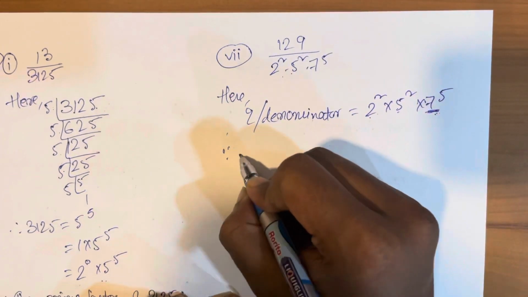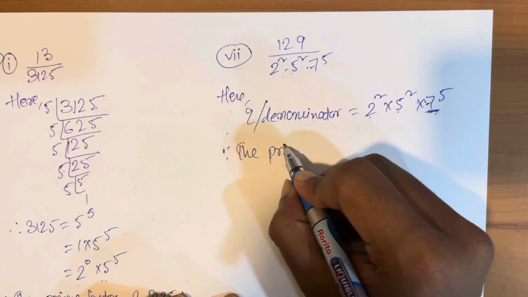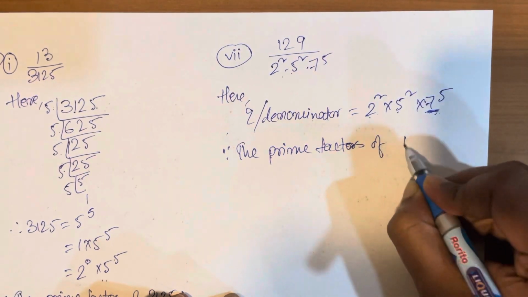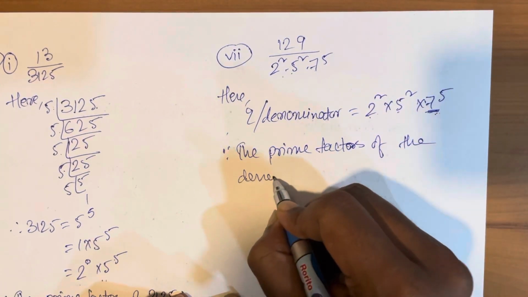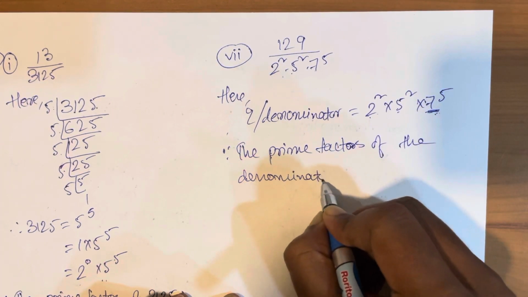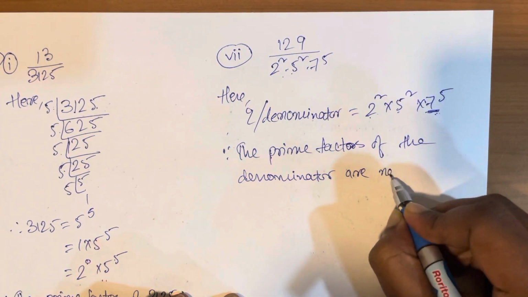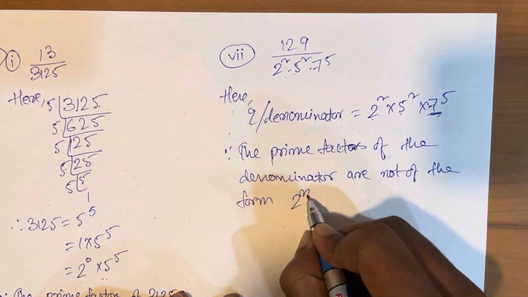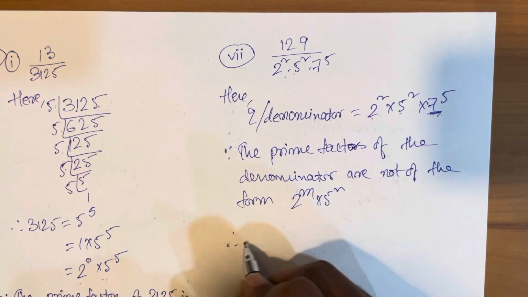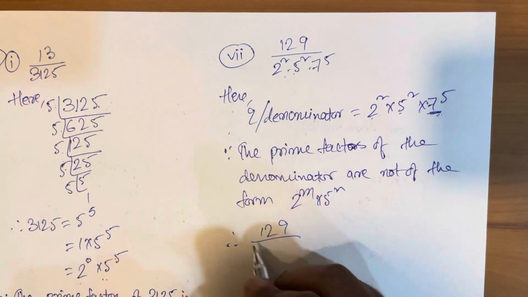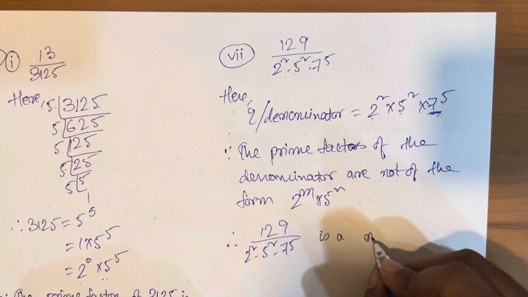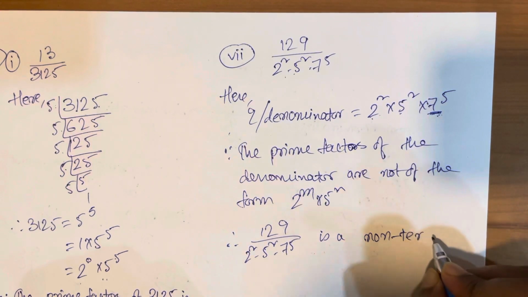So since the prime factors of the denominator are not of the form 2 to the power m into 5 to the power n, therefore 129 by 2 square into 5 square into 7 to the power 5 is a non-terminating decimal.